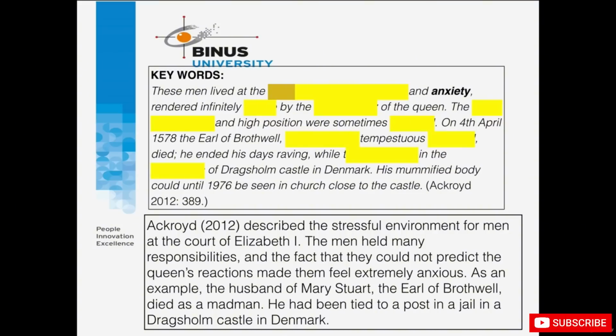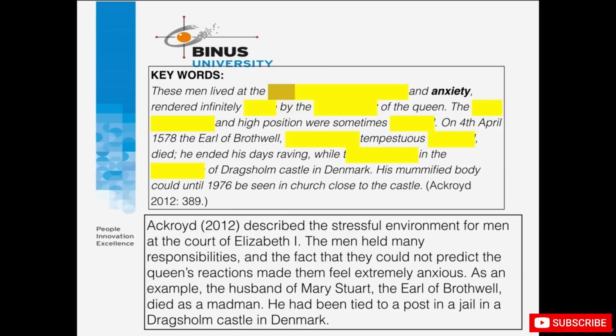So here we go. This is rewriting a little bit using different vocabulary. And we've got Ackroyd, 2012, described the stressful environment for men at the court of Elizabeth I. The men held many responsibilities, and the fact that they could not predict the Queen's reactions made them feel extremely anxious.